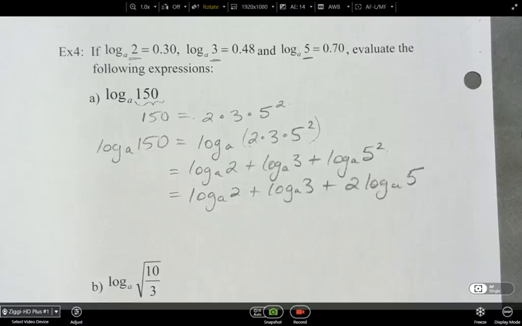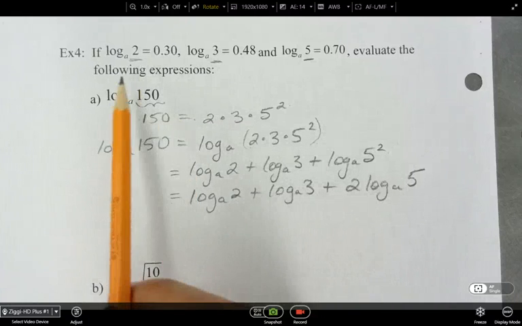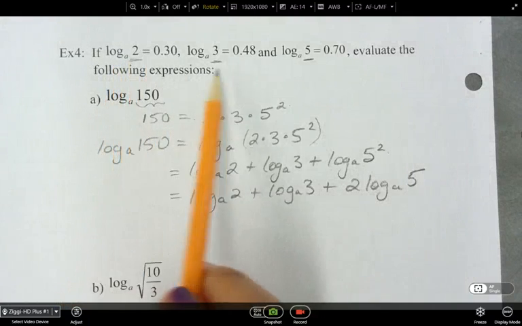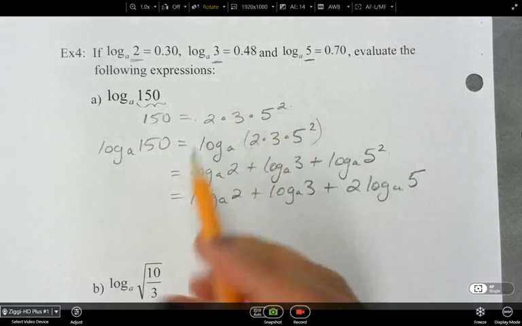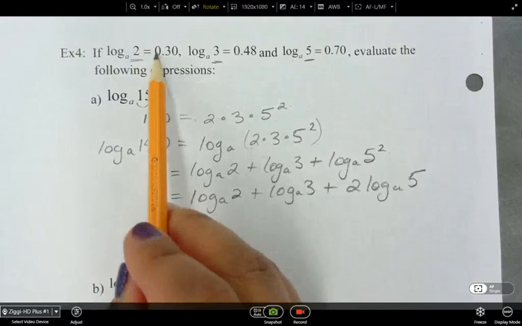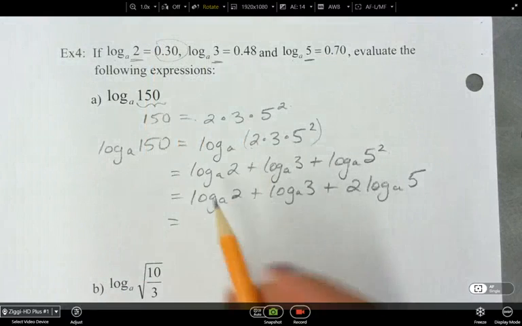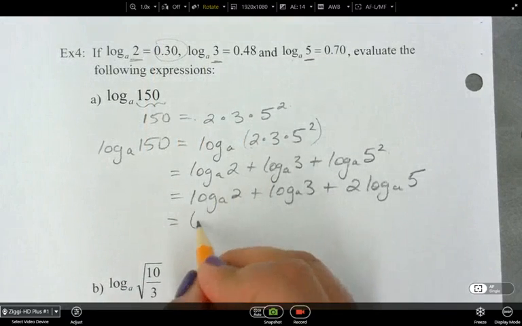All right. Now, we've got these down to what we're given in the question, right? Here's log A2, log A3, and log A5.